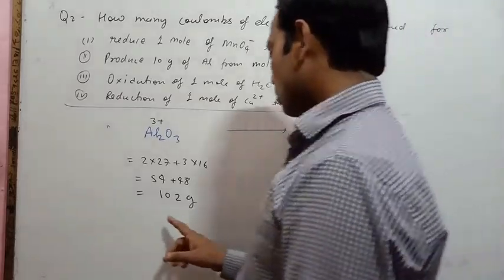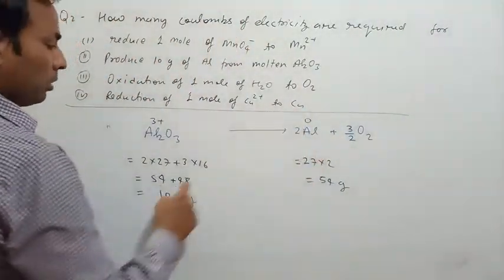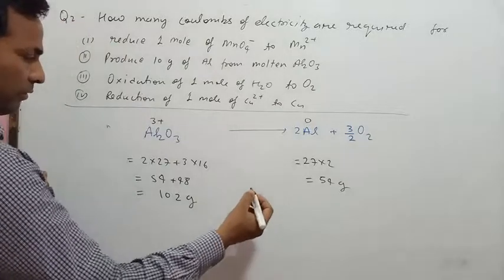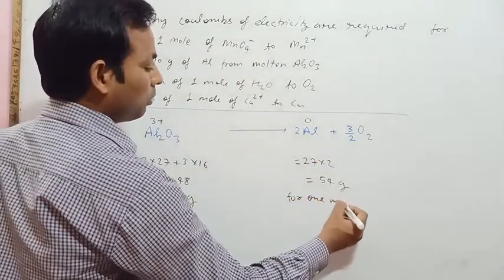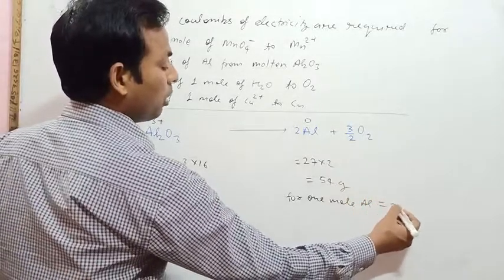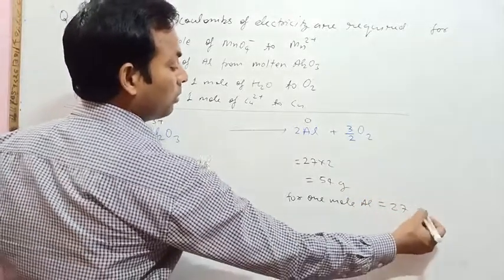Look here. So this is 2 moles. For 1 mole, I am going to write 1 mole of aluminum. How much is the weight of 1 mole of aluminum? 27.